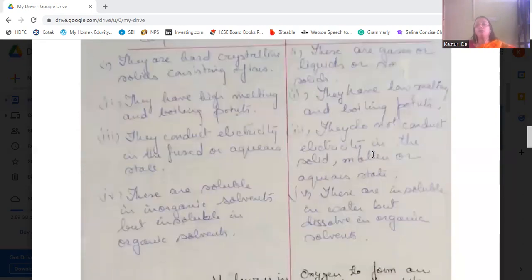MgCl2 can conduct electricity because it is in ionic form, and CCl4 cannot. Then MgCl2 is soluble in water but insoluble in organic solvents. But CCl4 is insoluble in water but dissolves in organic solvents.